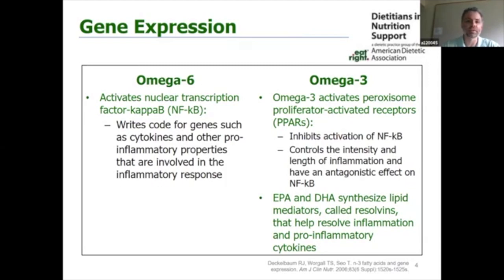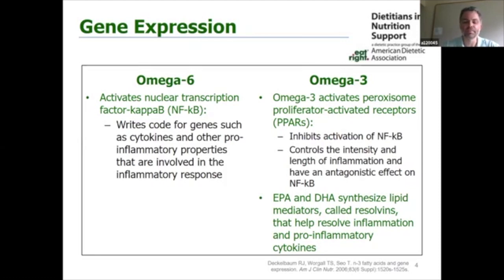When you look at omega-3, it reduces the amount of omega-6 that is relayed in the body's response to infection or a bout of inflammation. And it does so through a couple of different mechanisms. One, it reduces the pro-inflammatory gene from responding. It also controls the intensity and the duration of a person's bout with inflammation.